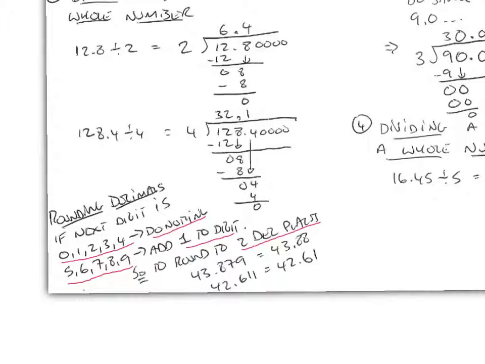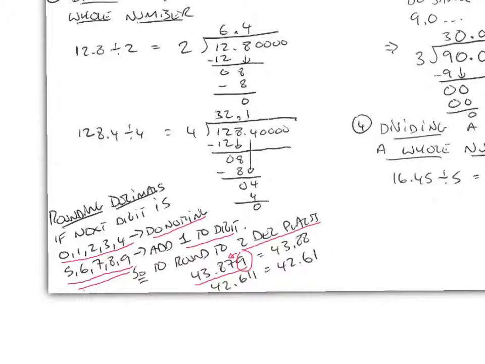So for example, to round 43.879 to 2 decimal places, we look at the third digit. Is it 0, 1, 2, 3 or 4? No, it's not. It's actually 9, so it's from this group of numbers here, 5, 6, 7, 8 or 9, so we have to add 1 to the second digit in the second decimal place.